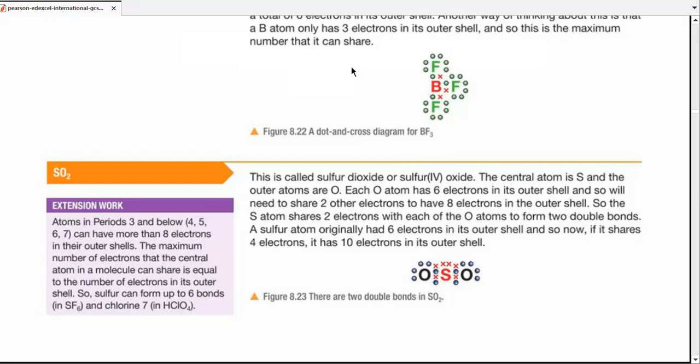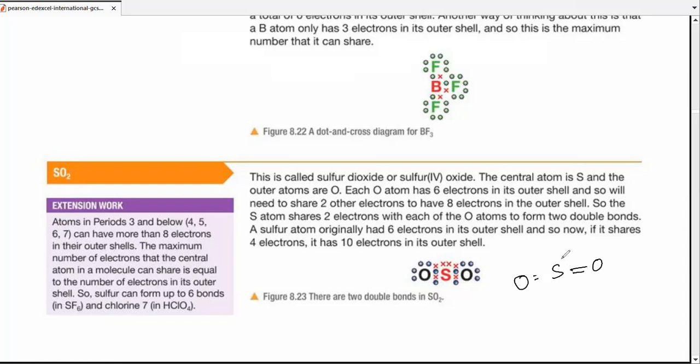They're going to share 2 each to make a double covalent bond with sulfur. So sulfur is capable of forming a double covalent bond with oxygen over here and with oxygen over here. If it was just these 2 double covalent bonds, this would have worked like carbon dioxide, and the structure would be stable with the central atom also in a complete octet.